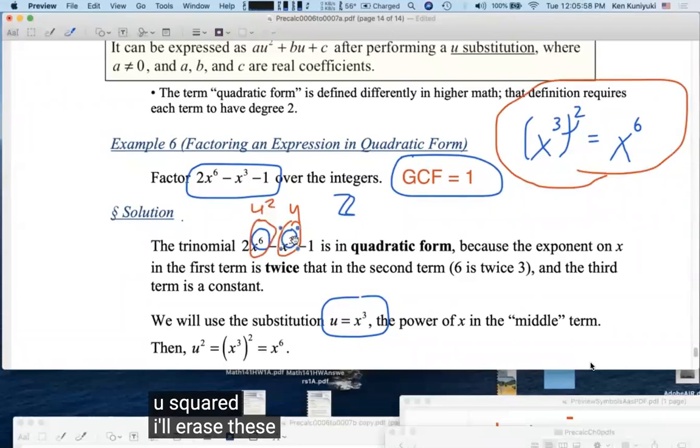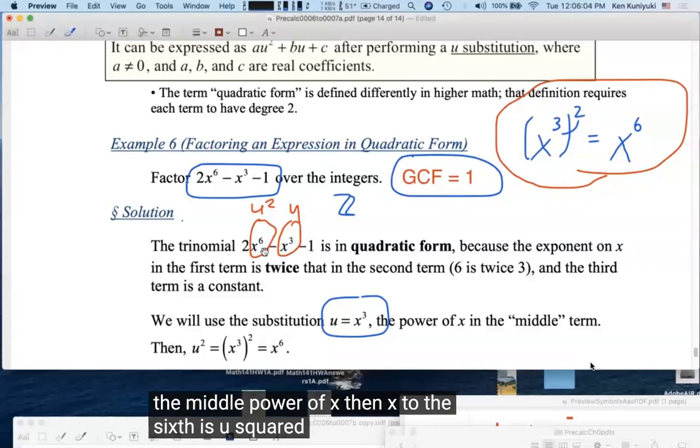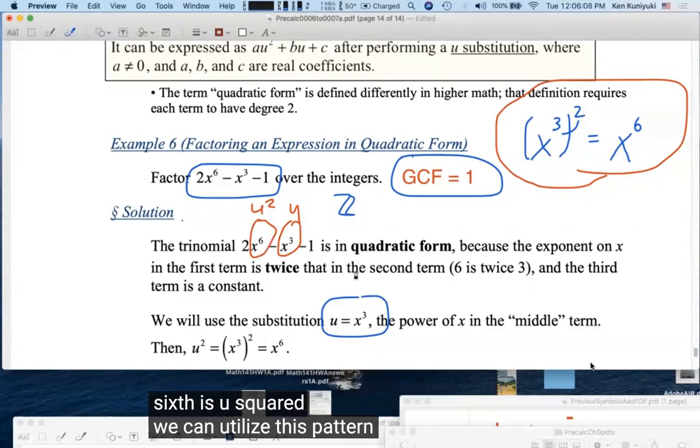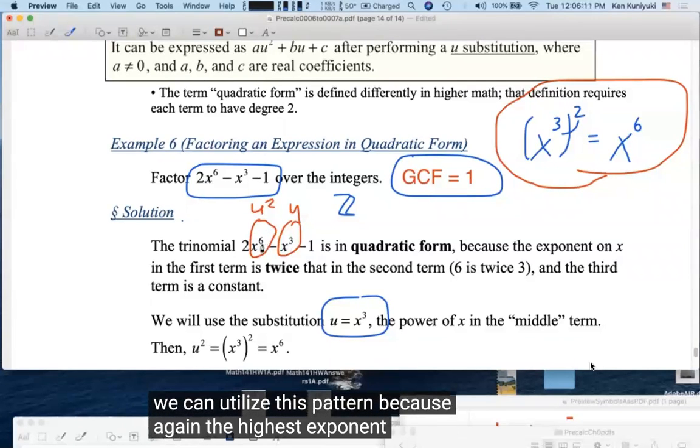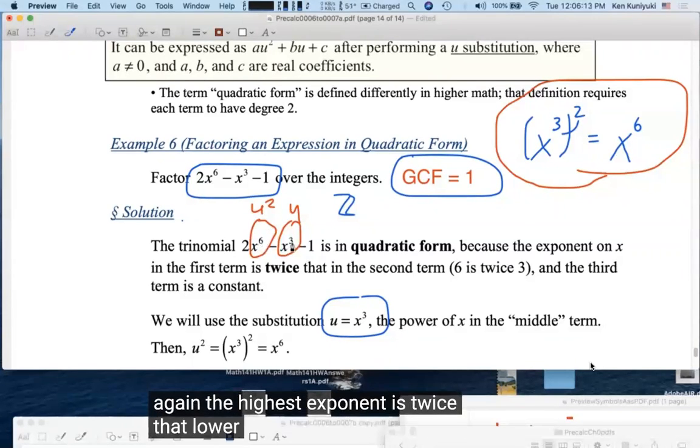So if x to the 3rd is u, the middle power of x, then x to the 6th is u squared. We can utilize this pattern because the highest exponent is twice that lower exponent. 6 is twice 3, and we have a constant term.